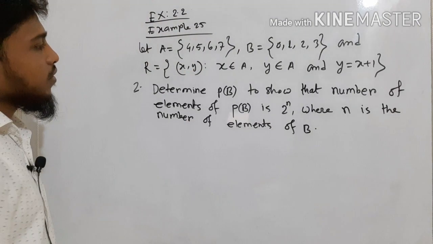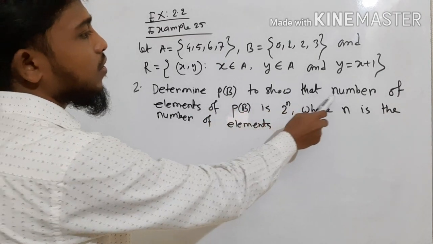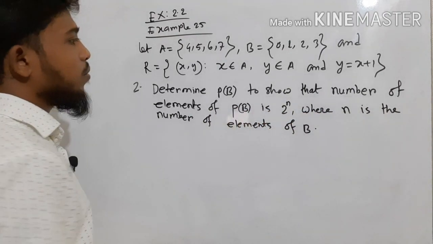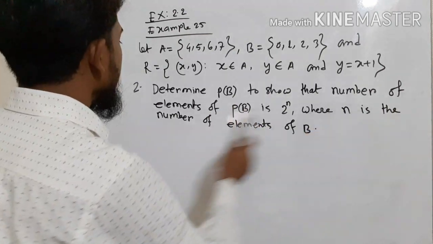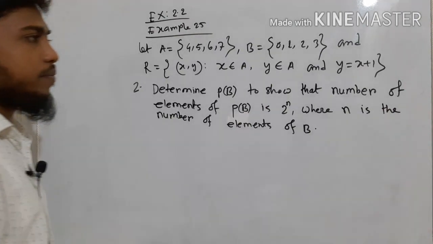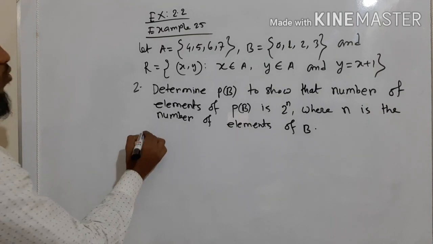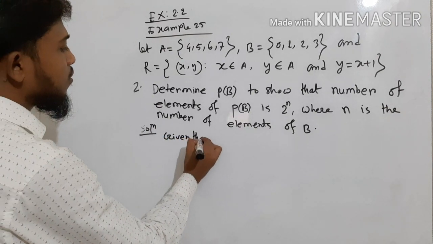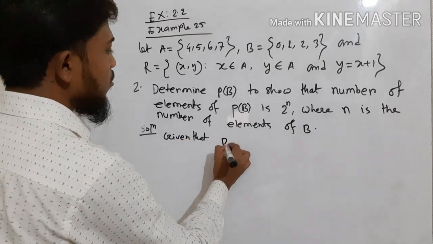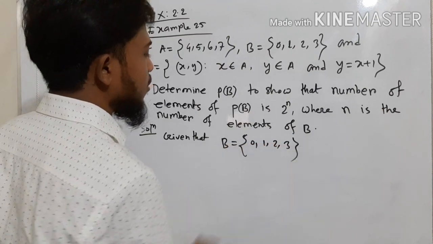Question 2: determine the power set of B, and show that the number of elements of the power set of B is 2 to the power n, where n is the number of elements of B. Now first of all I will find the power set of B. Given that B equal to {0, 1, 2, 3}.